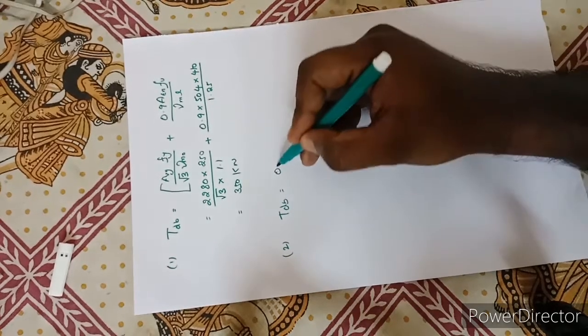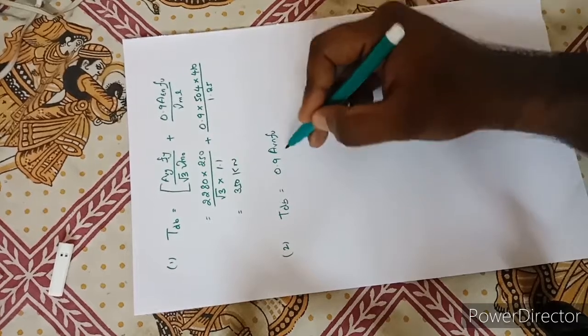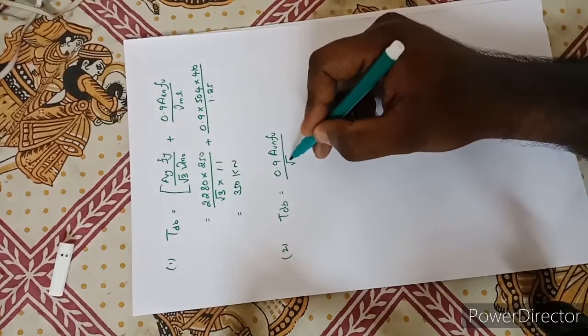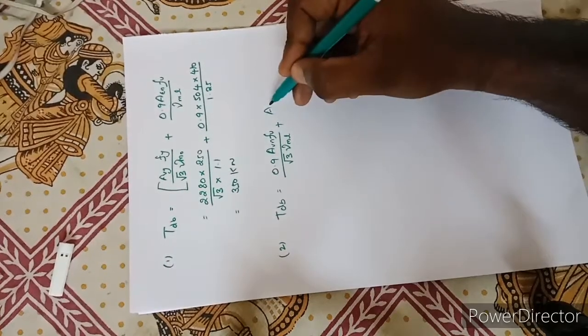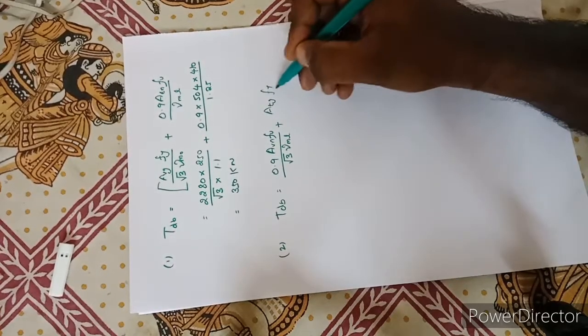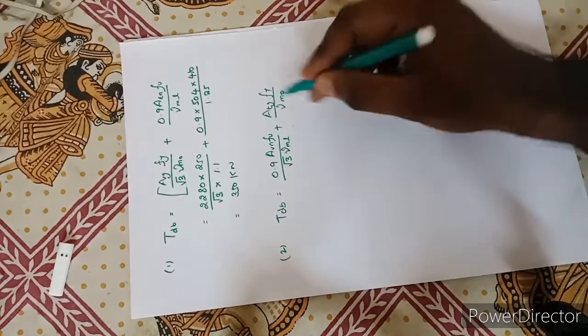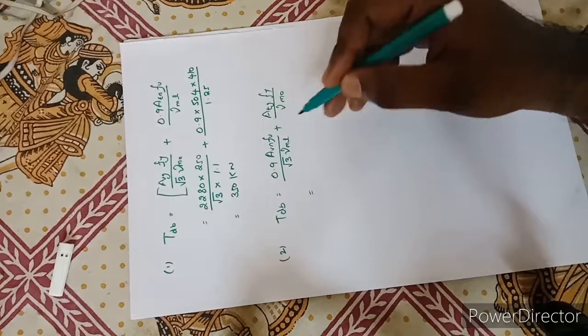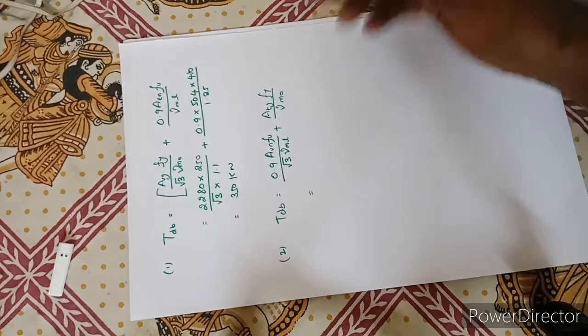Tdb equals 0.9 AVN fu divided by root 3 gamma m1, plus ATG fy divided by gamma m0. While substituting all the values, we know AVN, fu, ATG, fy, everything we know.